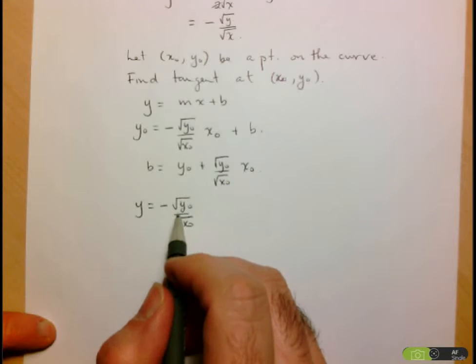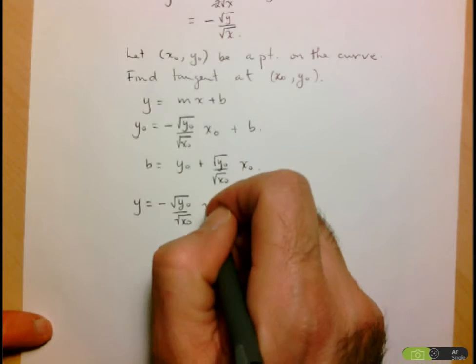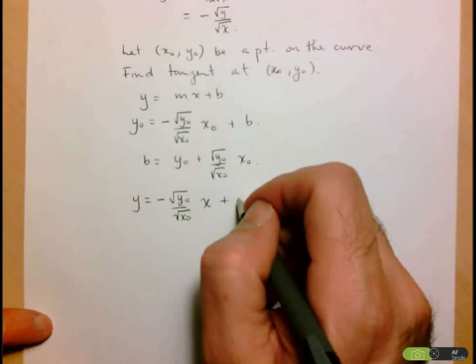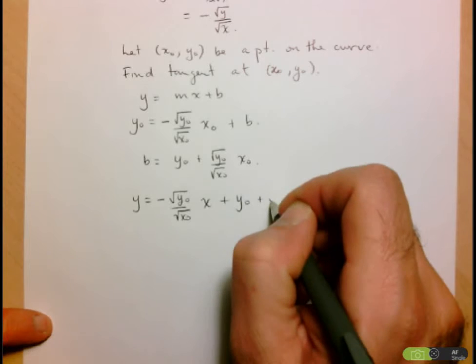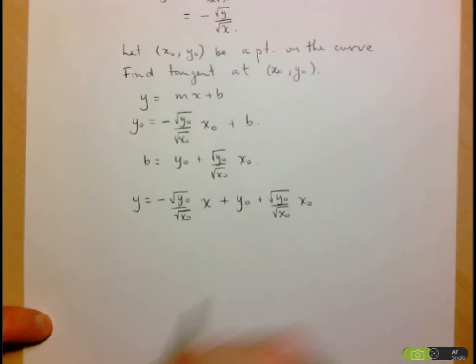That's the slope for the particular tangent line that I'm working with, times x plus b, which is given by this equation here. So y naught plus root y naught over root x naught times x naught.